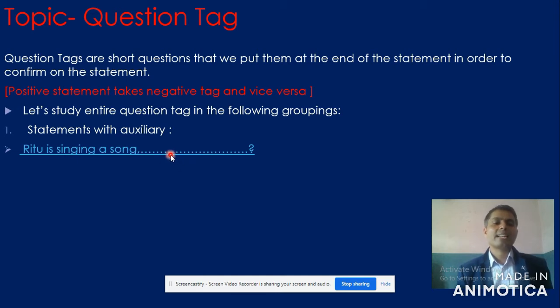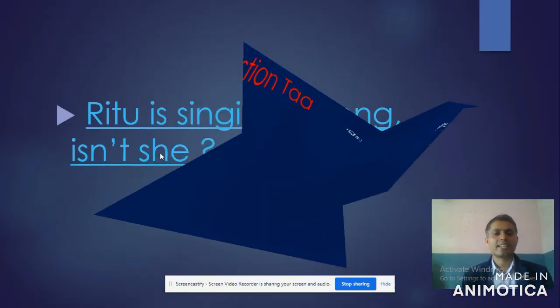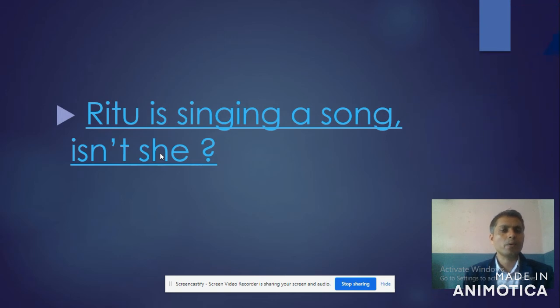Now let's look at this answer as we discussed before. Ritu is singing a song, isn't she? Now please write down this answer in your copy. Got it? This is, then not contracted, then she. So the noun Ritu changes into she here.